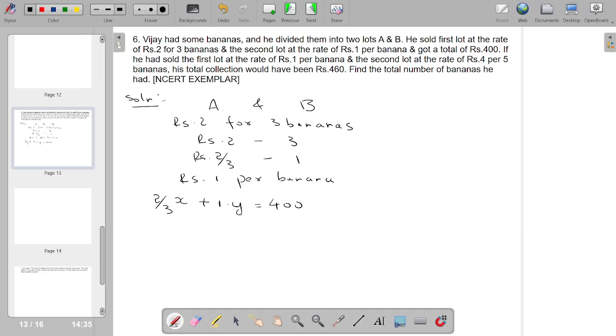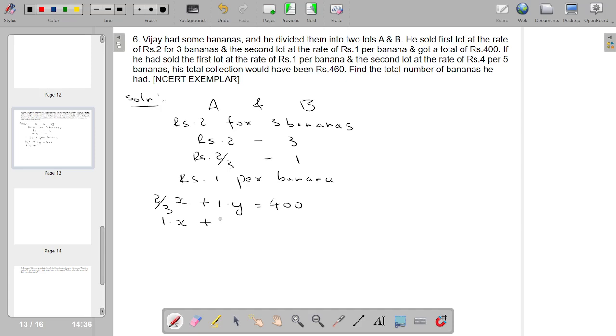Now suppose we had sold the first lot at the rate of 1 rupee per banana, and the second lot at 4 rupees per 5 bananas, his total collection would have been 460 rupees. So now we can frame this equation. Suppose instead of selling at 2 by 3 per banana in lot A and 1 per banana in lot B, we had sold 1 per banana in lot A plus 4 rupees for 5 bananas.